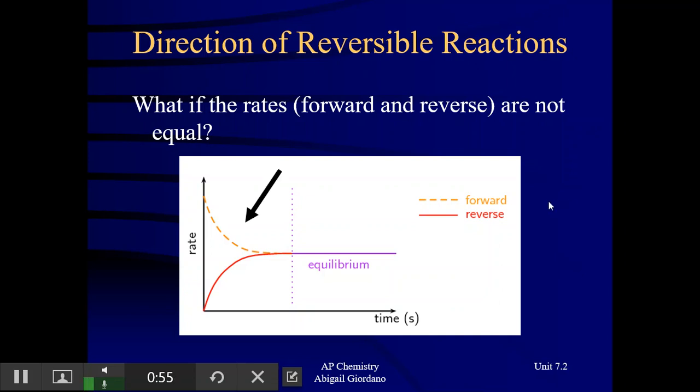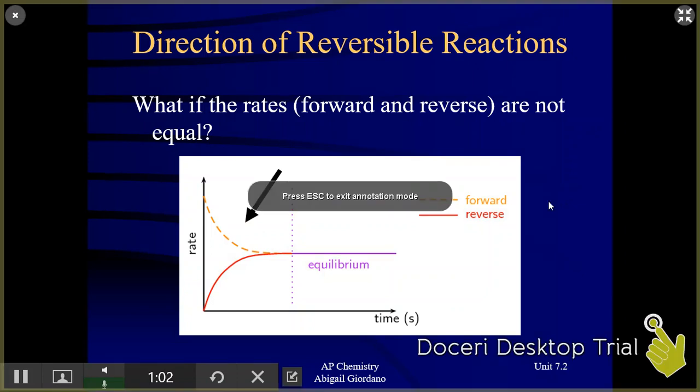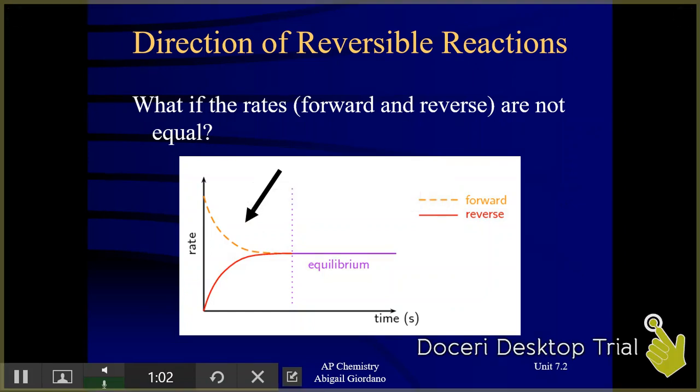For example, let's say at the time where this arrow is pointing, and I'll even draw it a little better on here. At this time, whatever that time is on the x-axis, you can see that the rates in the forward and reverse direction are not equal.